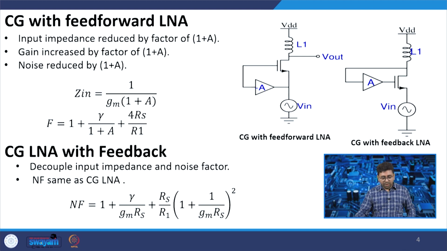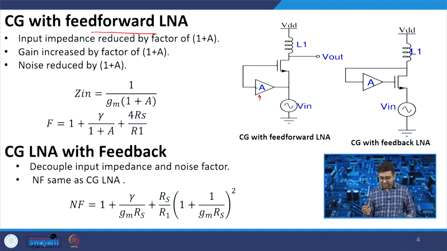We can also make another topology, which is a common gate with feed forward LNA. In that we will do the feed forward from the gate to the input side, that is, one additional amplifier can be used. So, what is the disadvantage of the normal common gate LNA?